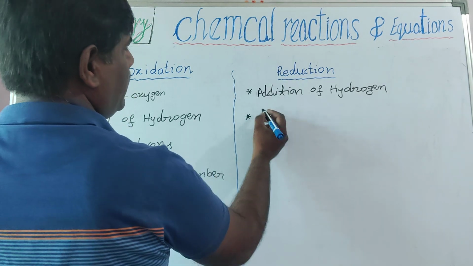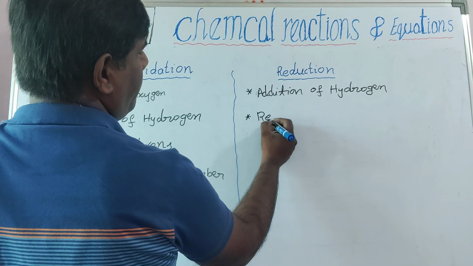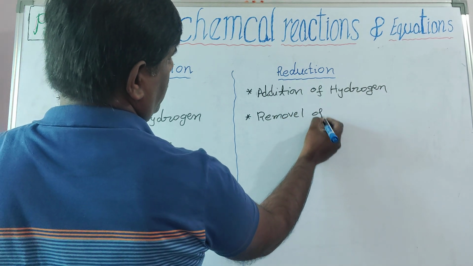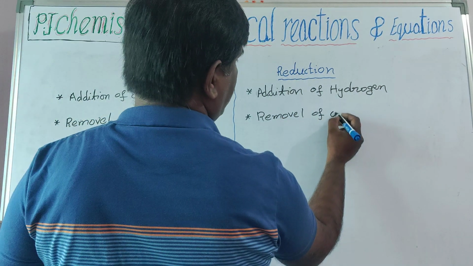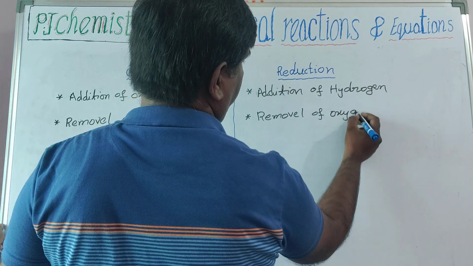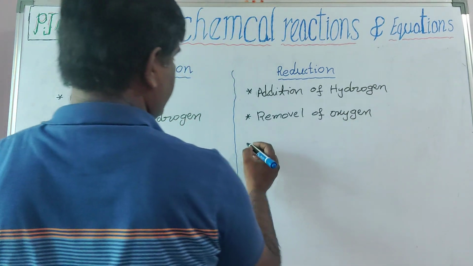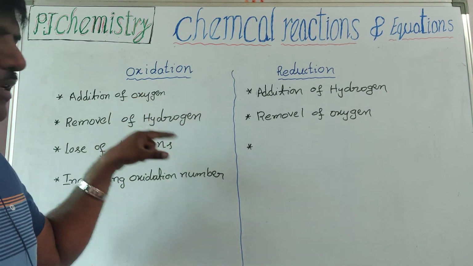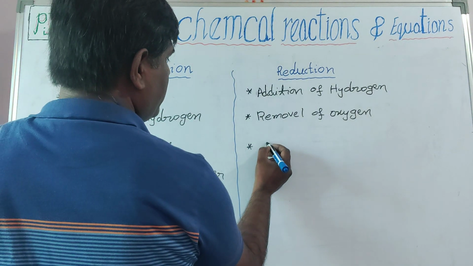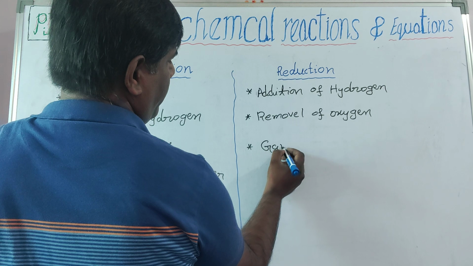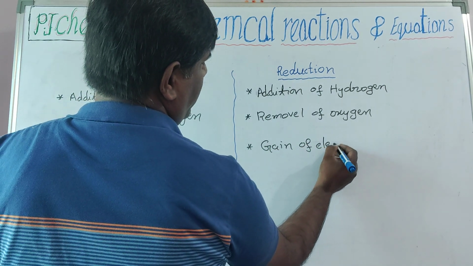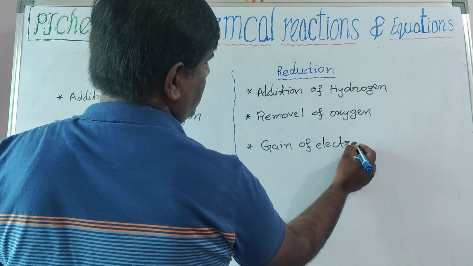Next, removal of oxygen. Next, what about electrons? Loss of electrons is oxidation. Here, gain of electrons. Gain of electrons.